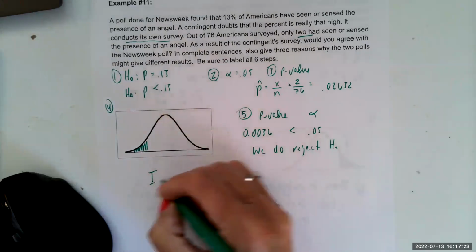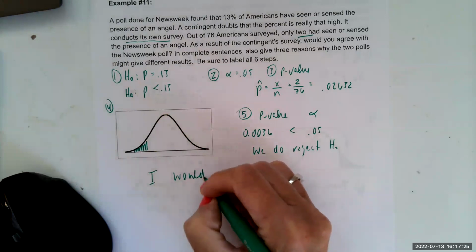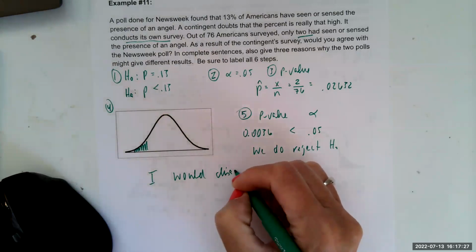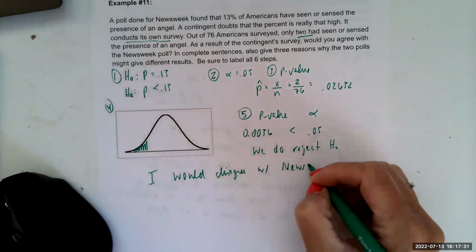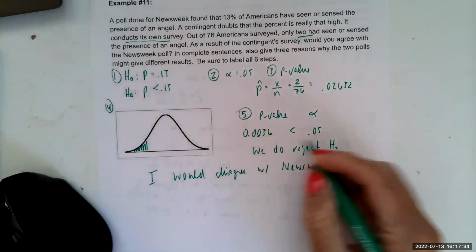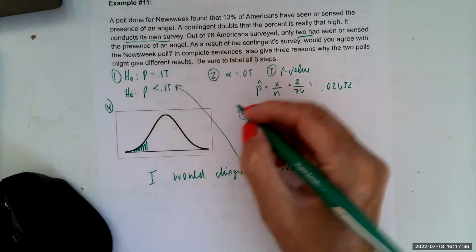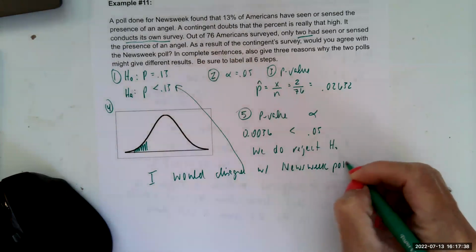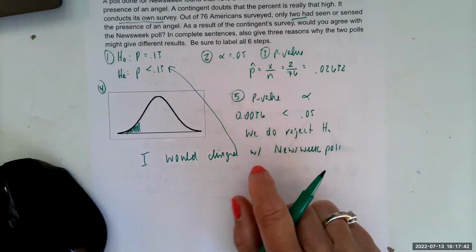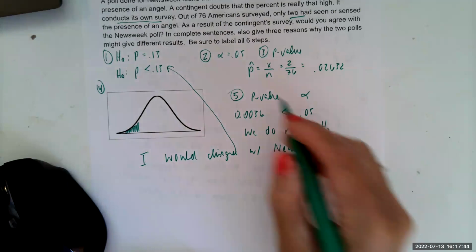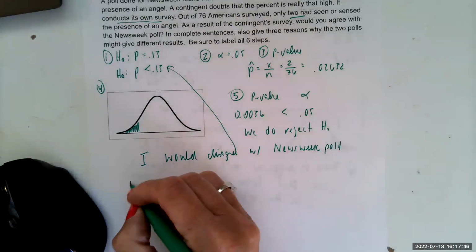So I would disagree with the Newsweek poll. However, I would be a little skeptical of the contingent survey. So I'm disagreeing with the 13% because we definitely do reject H0. The p-value is pretty small. However, the 3 reasons why the 2 polls might give different results.